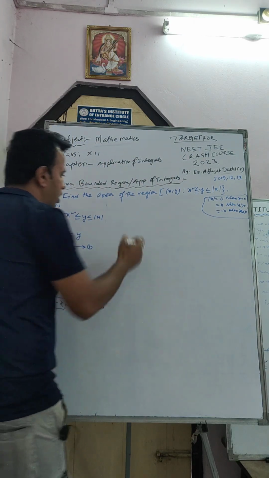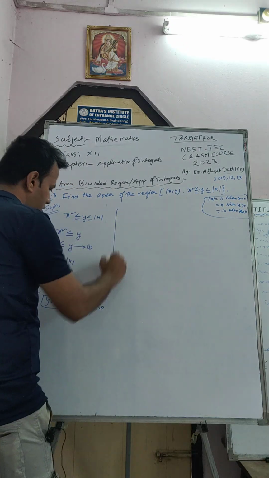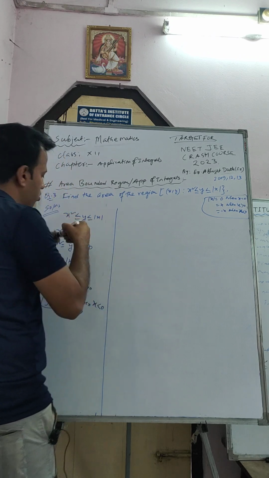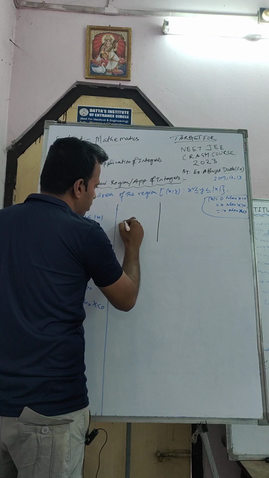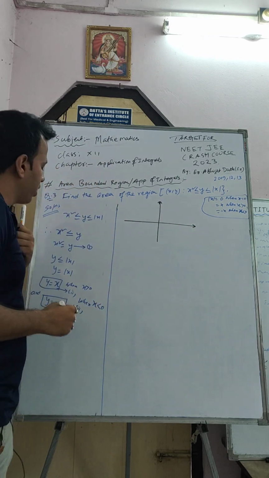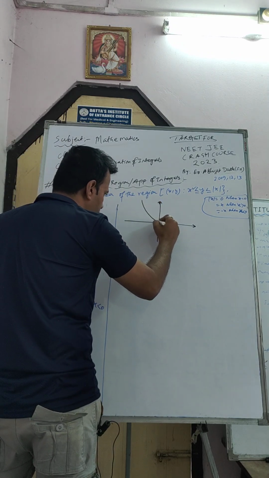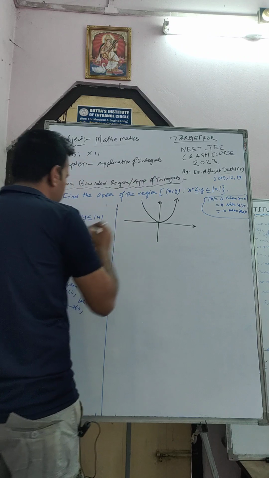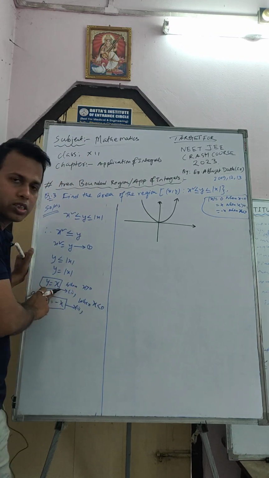Now first we try to draw the graph here. This is one coordinate system, and this equation is x² = 4y. The axis of the parabola will be the positive y axis, right? This is passing through the origin.